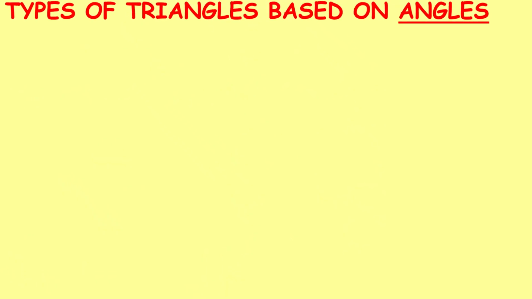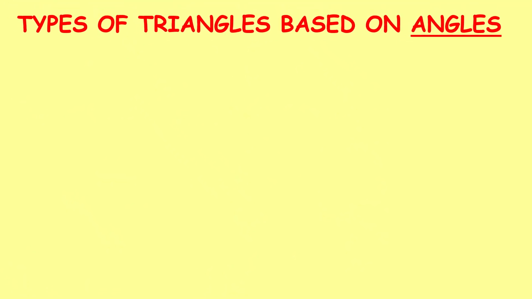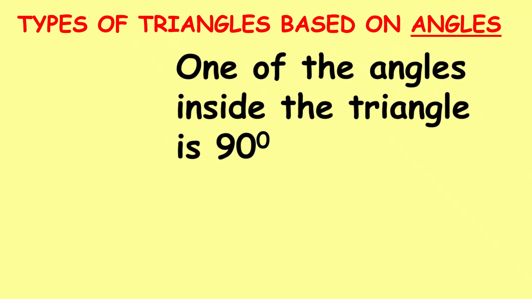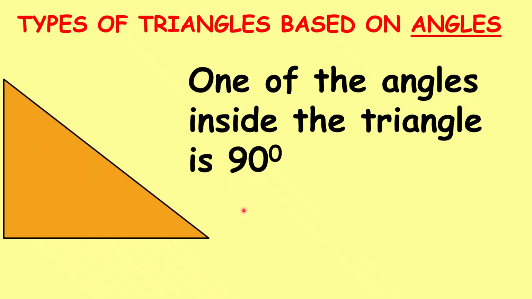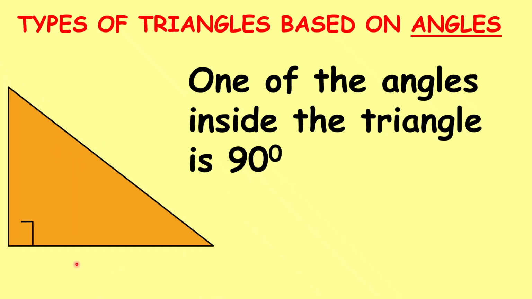So looking at another type of triangle based on its angle, we will look at one where one of the angles inside the triangle is 90 degrees. So just one of the angles is 90 degrees. And as you can see, this particular angle here is equal to 90 degrees.